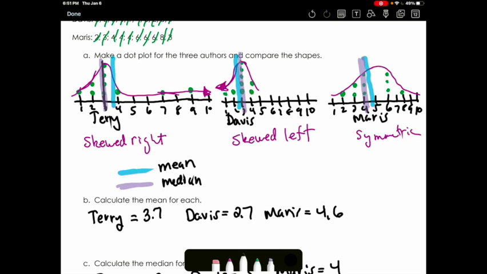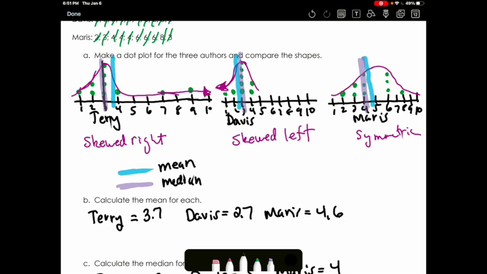So, for example, if we have a bunch of data of test scores, and most of the test scores are high, so they're in like the 80s and the 90s, and then you have a couple of lower values that are maybe in the 20s or 30s, you're going to have something that's skewed left because most of the data is going to be on the right where you have your higher values, and then you have a couple of values that are off way on the low end to the left. So you're going to have data that is skewed left because that tail is going to pull to the left for those couple of smaller values.